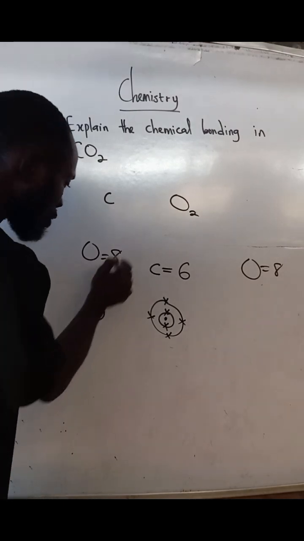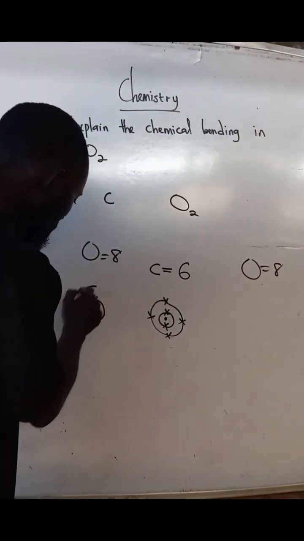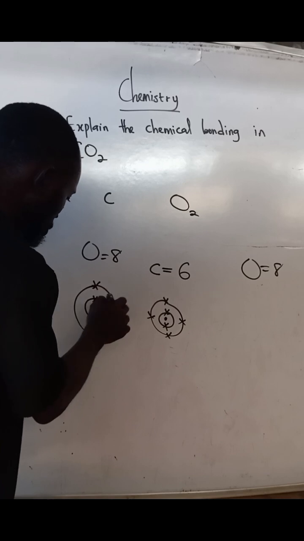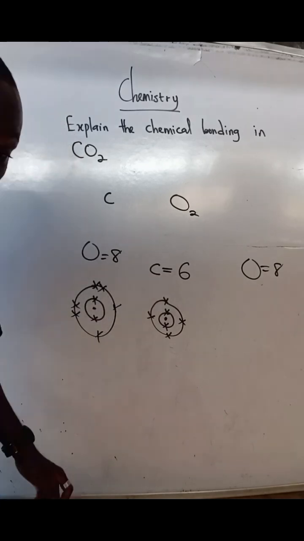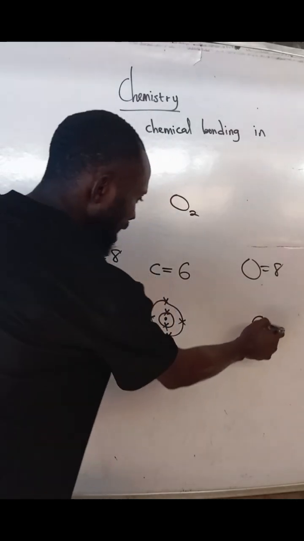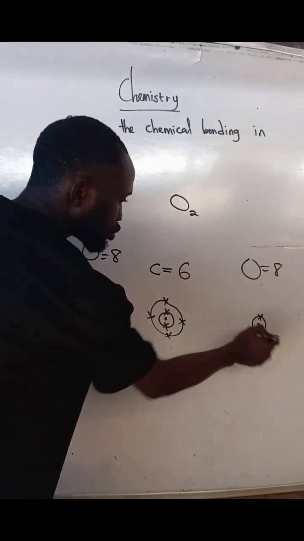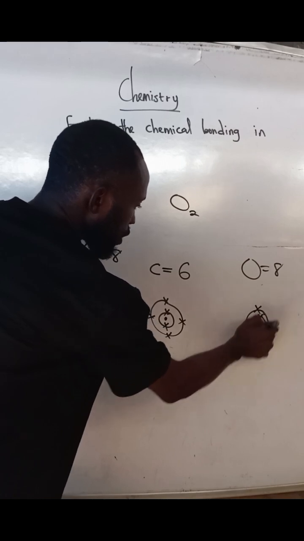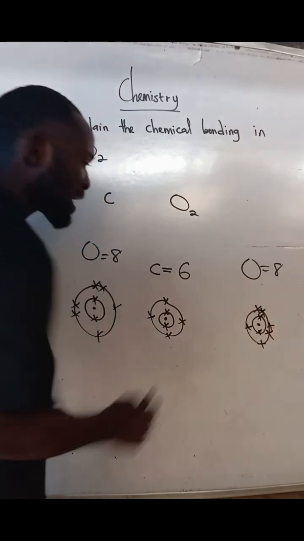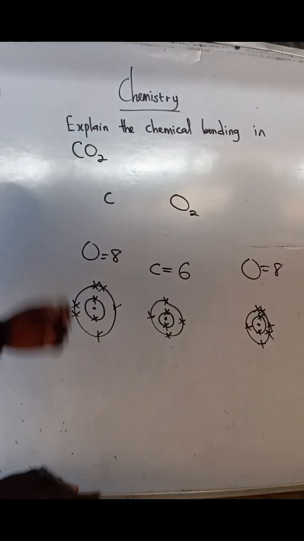So we have 2 here. Out of 8, how many is remaining? It remains 6. So you can see 1, 2, 3, 4, 5, 6, anyhow you wish to distribute it. And the other one, we have 1, 2, 3, 4, 5, and then 6, anyhow that you wish to distribute it.